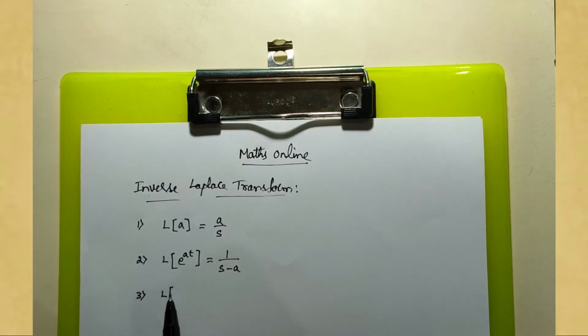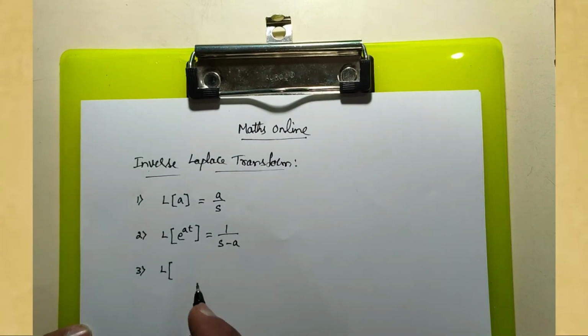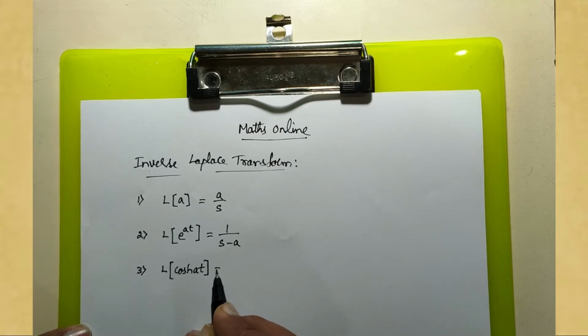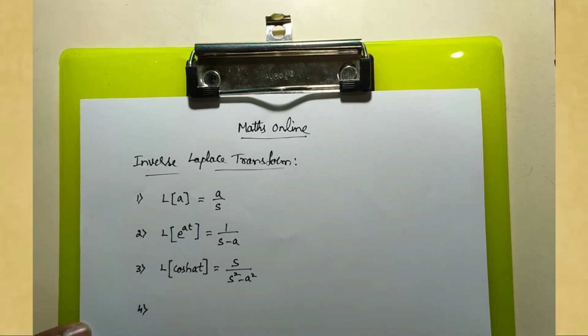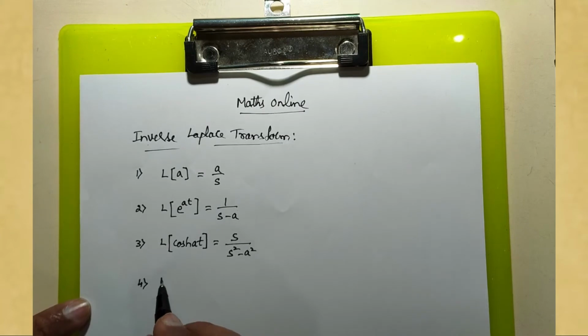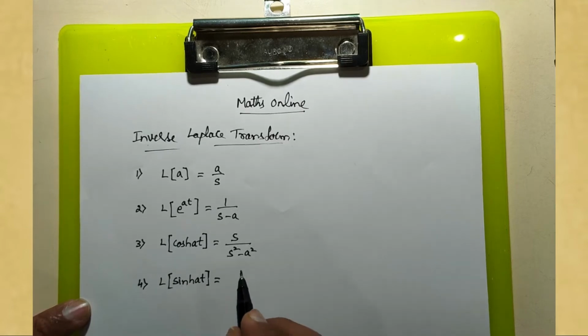Then you have Laplace transform of cosh at, its formula is s by s square minus a square. Then Laplace transform of sinh at is a by s square minus a square.